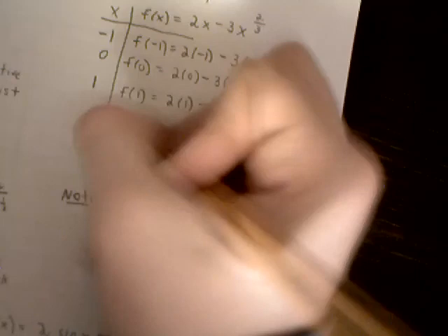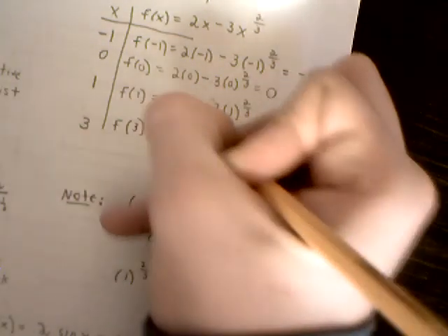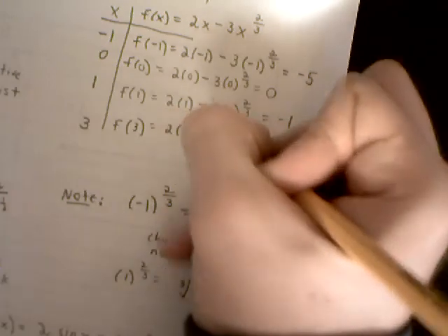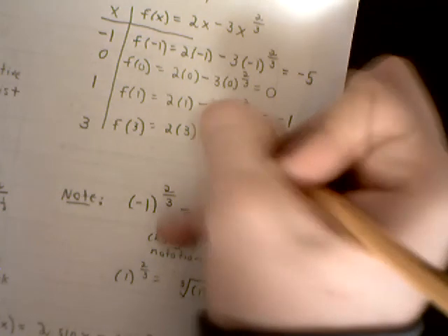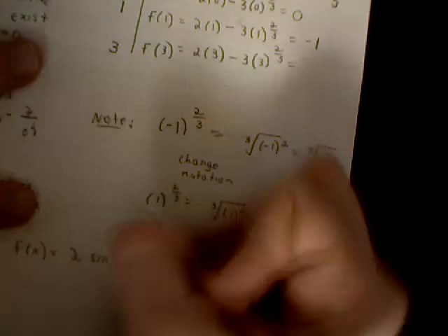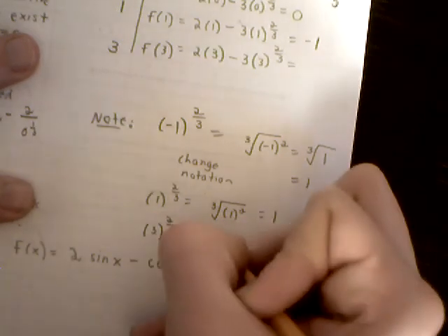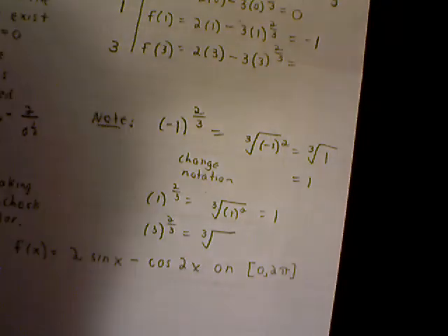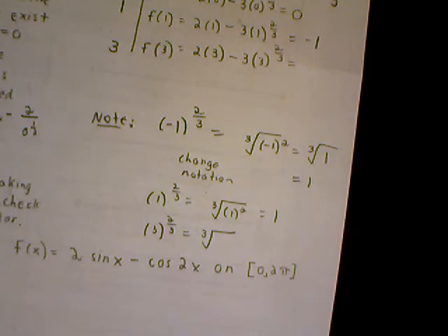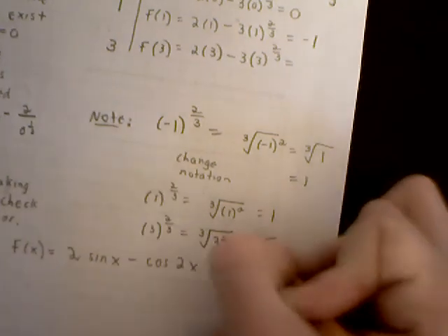Let's find the last one, f of 3. That's 2 times 3 minus 3 times 3 to the 2/3. Let's work it out down here. 3 to the 2/3 is equal to the cube root of 3 squared, which is the cube root of 9.